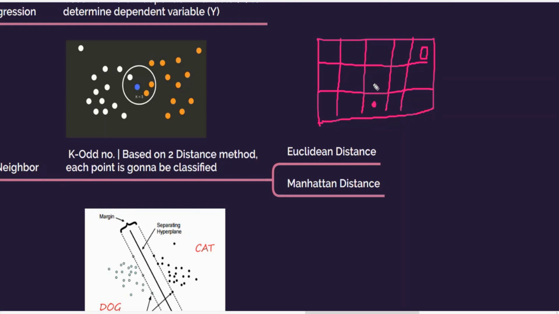What are all the possible scenarios? That we will try to find. We can either go this way or this way. Likewise, various ways are possible, and we will take the one that takes less time to reach the destination.